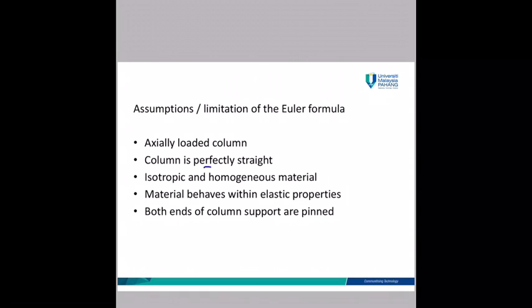It should be perfectly straight, isotropic and homogeneous material, meaning the column is made from the same material along its length, and the material behaves within elastic properties, and both ends of the column are being supported.